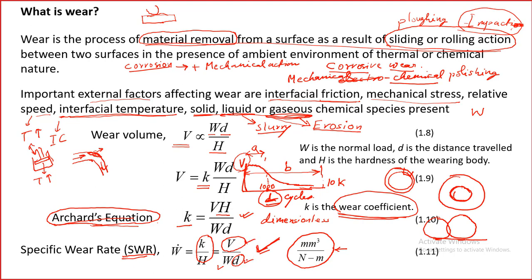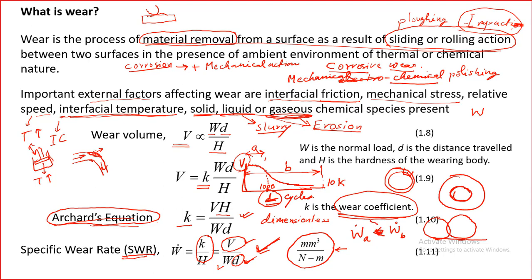But D is increasing, so this value will be lower. So we can say the specific wear rate for case A will be higher than for case B, for the same experiment, same material, everything the same. So W_A is greater than W_B, sir. Written opposite. Yes, that's right.